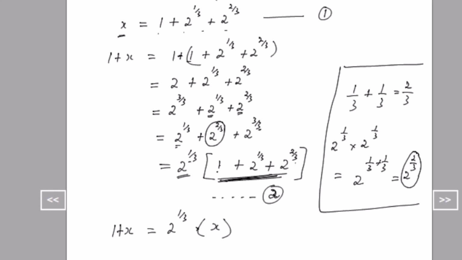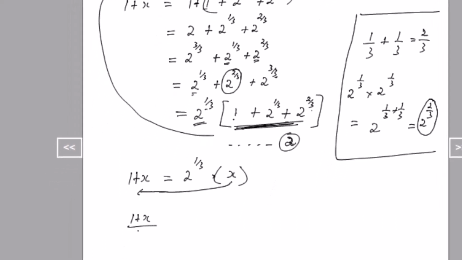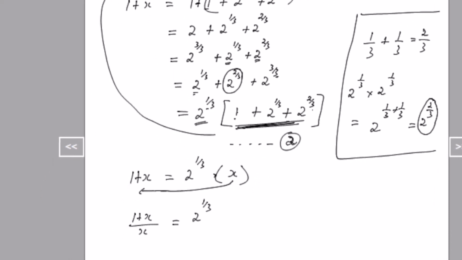Because this is nothing but this value. So if we now bring x to the left hand side, this becomes (1 plus x) divided by x equal to 2 to the power 1 by 3.